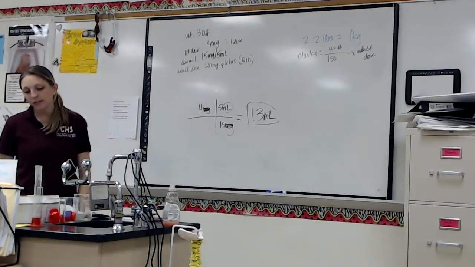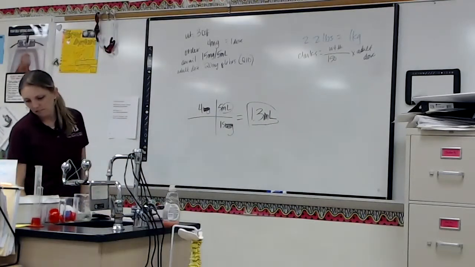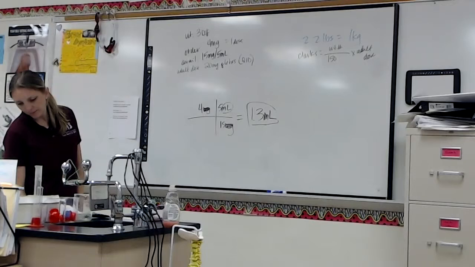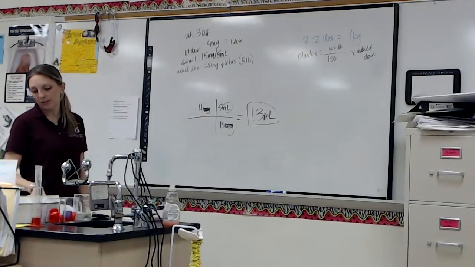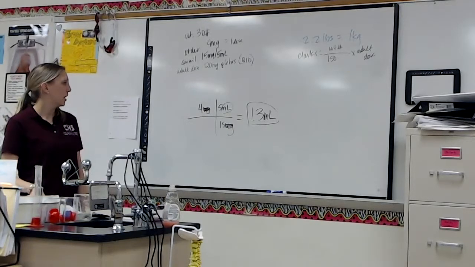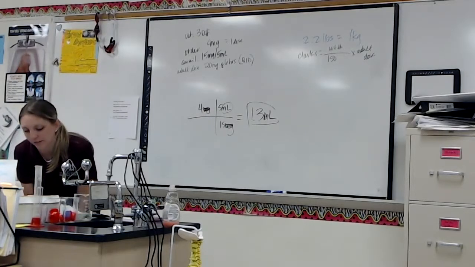Okay, now it says, what is the volume of each dose in household measurements? Well, if you look on this syringe, on the picture right there, it's really easy to see. If you do 1.3 milliliters, it comes right at a quarter or a fourth of a teaspoon.